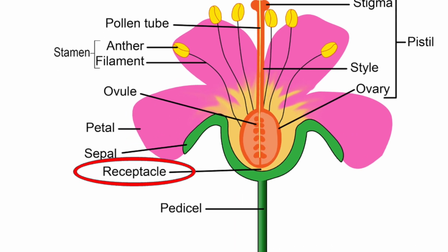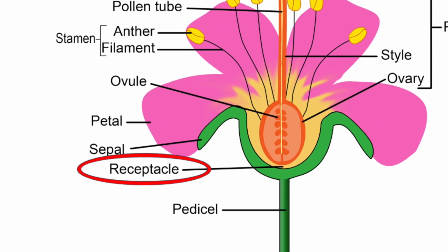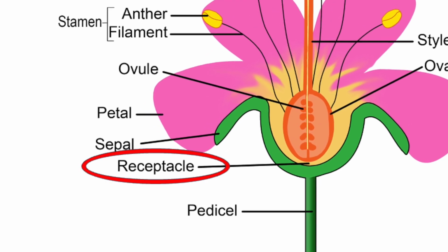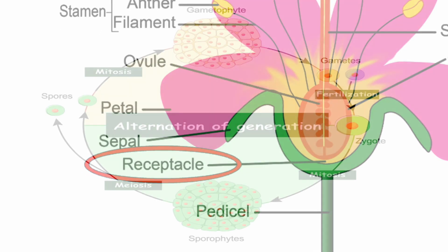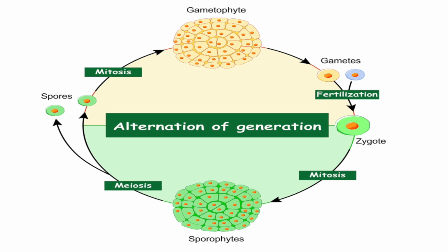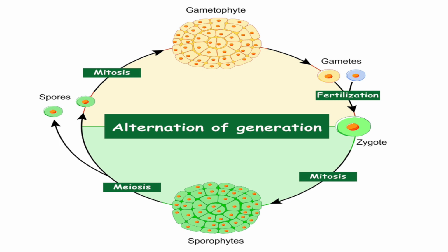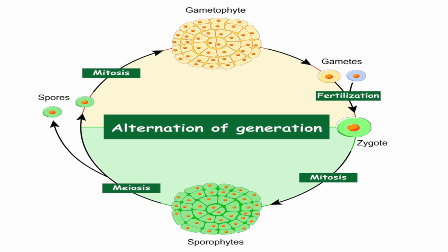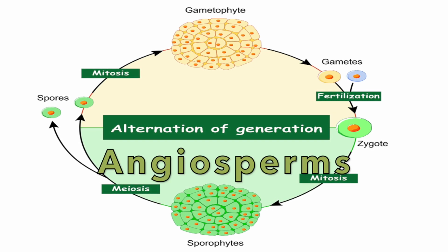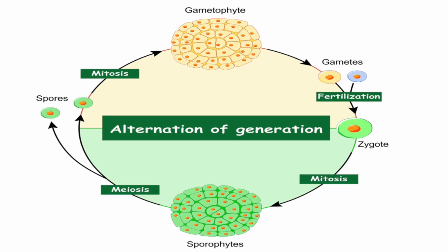Their shape, color, and size differ between species, allowing taxonomists to classify plants easily. The haploid gametophyte stage alternates with the diploid sporophyte during the sexual reproduction process of flowering plants called angiosperms. This process is referred to as alternation of generations.